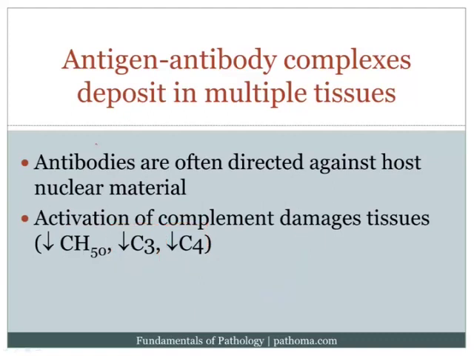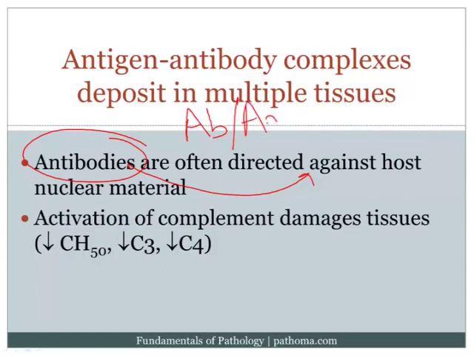The last point that I'll make is that the antibodies that are generated in this particular disorder are directed against host nuclear material. So again, we have antibodies against host nuclear material, which eventually result in antibody-antigen complexes, which will then deposit in those tissues, activate complement, and eventually cause tissue damage.